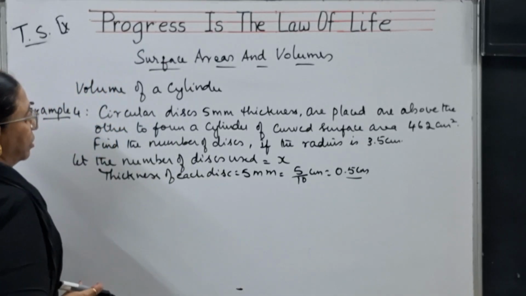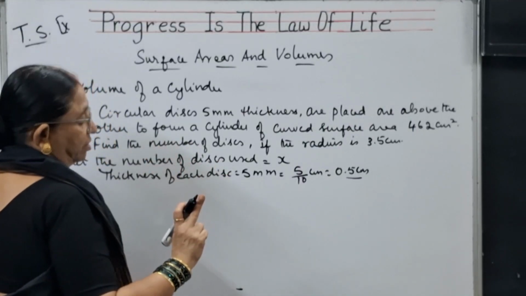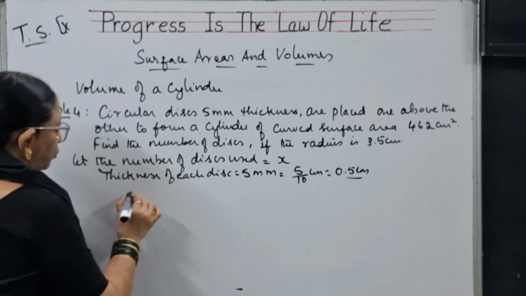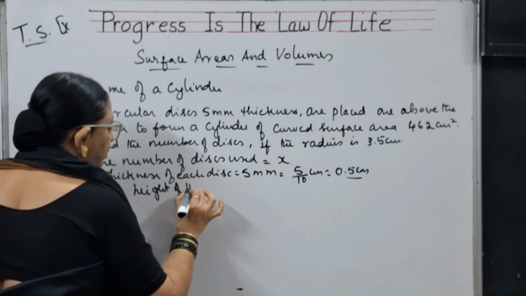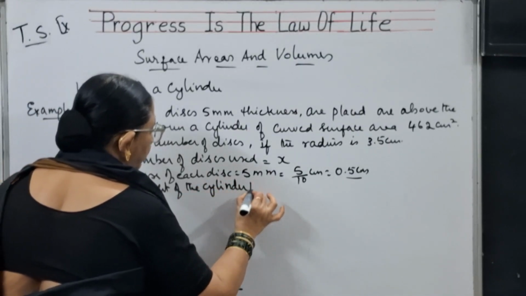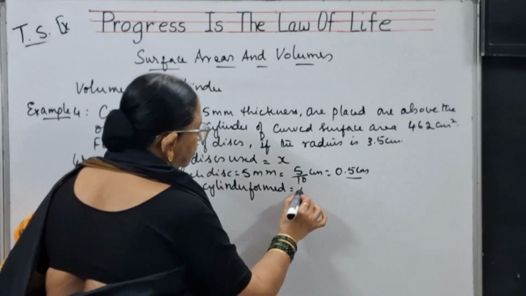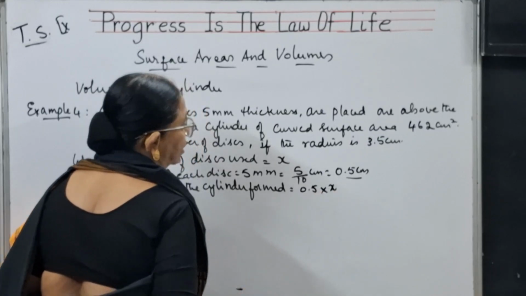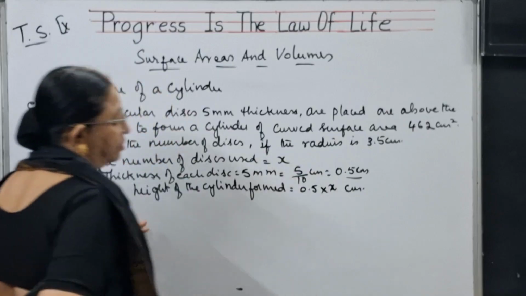So what is this 0.5 centimeters? It is one disc. One disc's height, or width, is this. So what is the height of the cylinder formed? Height of the cylinder formed is nothing but one disc, 0.5 centimeters, into the number of discs, x. So this whole thing is the height.